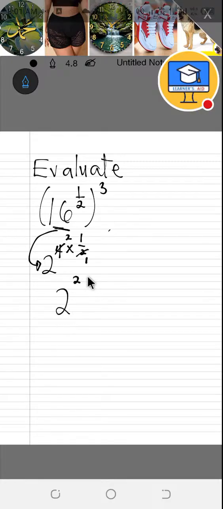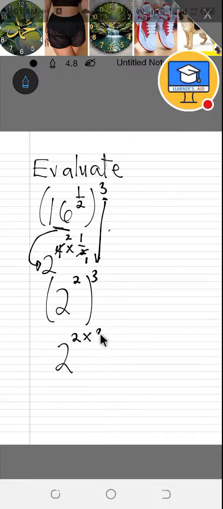And 2 to the power 2 is multiplied by this power, which is 3. So 2 to the power 2 times 3, and that is 2 to the power 6. Good.